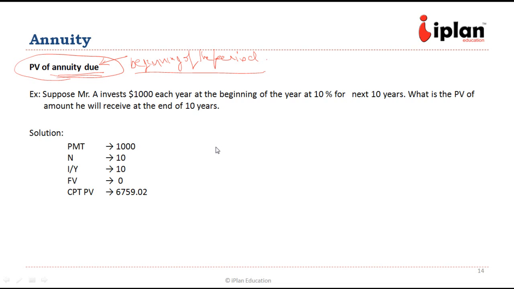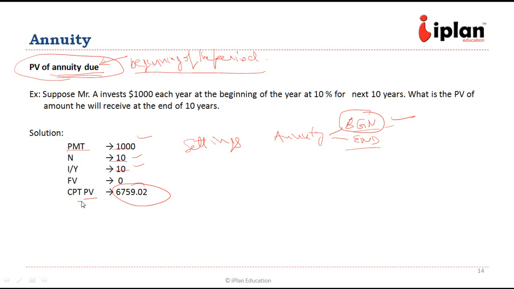So in our financial calculators there are settings. In settings we can define the kind of annuity. For annuity due it says beginning, and for ordinary it says end, so we can select either of the options. For this case it will be the beginning, all other values are going to be the same, and finally if we compute present value, this will be 6,759.